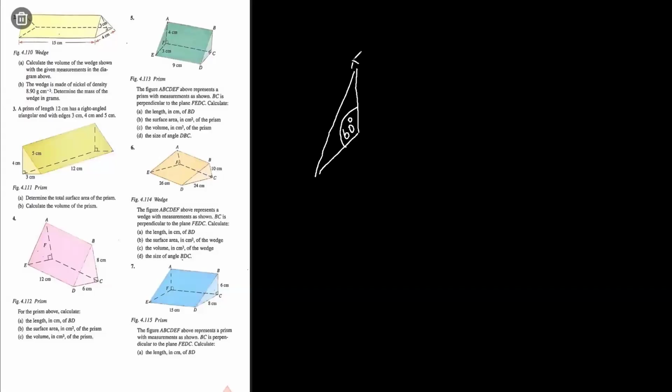Let's call this A, B, and C. So AB and BC are the same length, 7 centimeters. We call the angle between the two 7s an inclusive angle, because it's between the two sides.